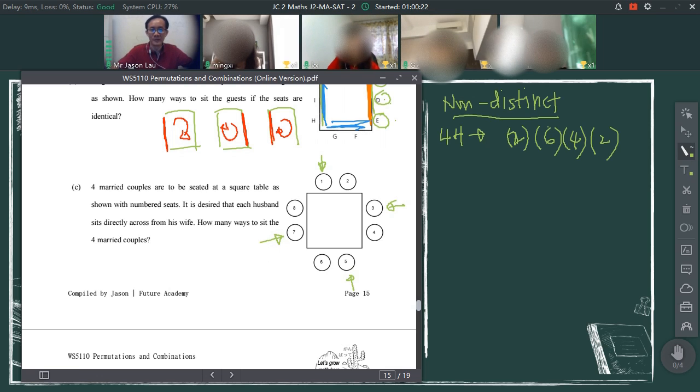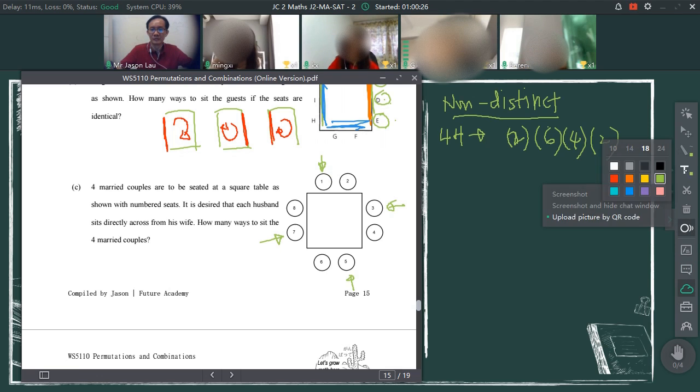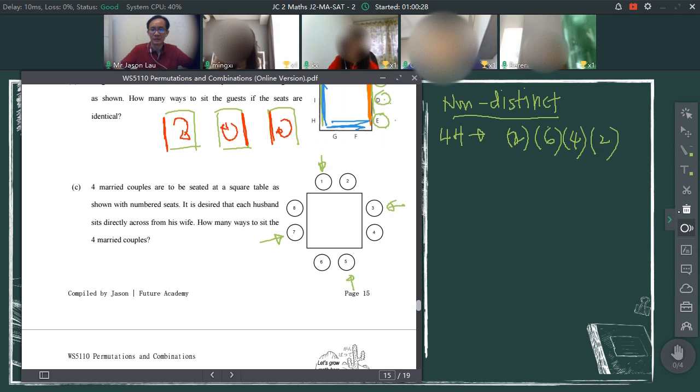The person won't be able to tell which seat he is sitting in, so these 4 seats are all the same to him. But he will feel different if he sits on the right side or the left side. So there are 2 ways only, and that's why it's 2 in the first place.